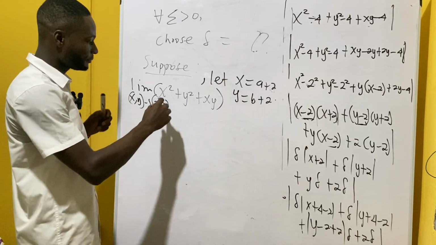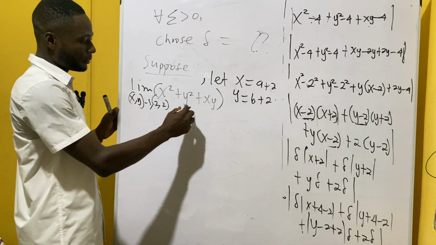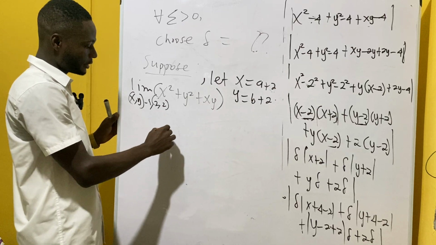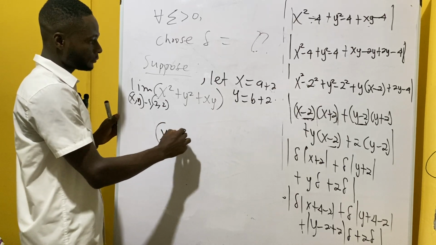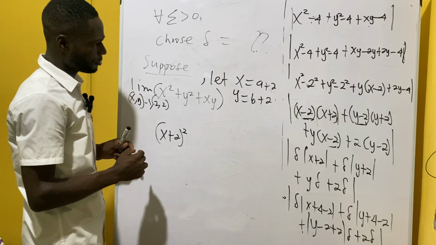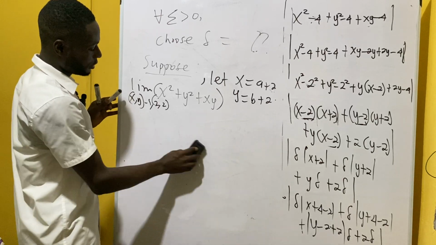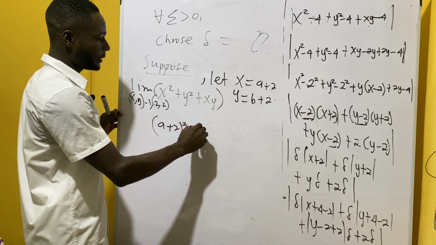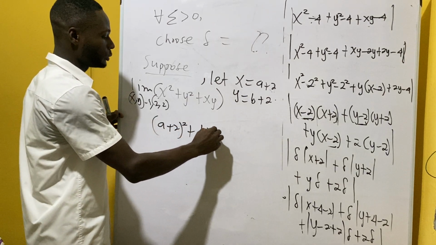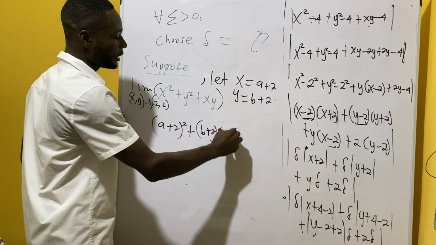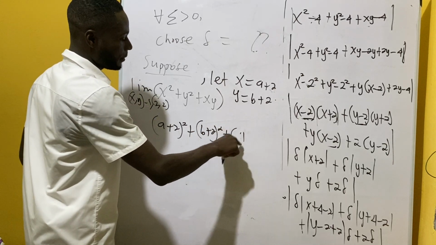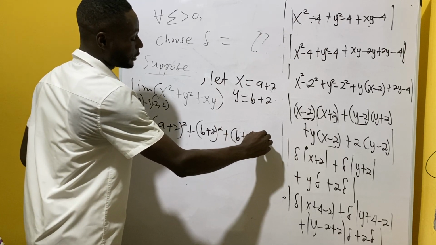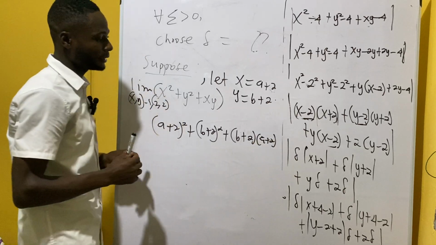So we have right here, this is going to be x squared now is what? x plus 2, and then a plus 2 all squared plus b plus 2 all squared. And then we have b plus 2 and then a plus 2, right?